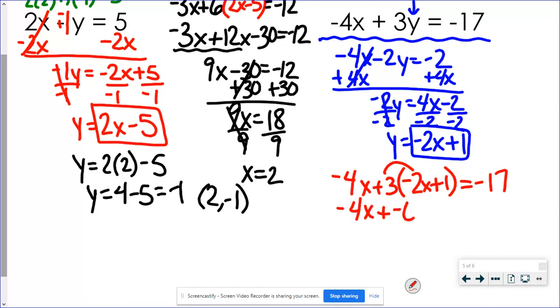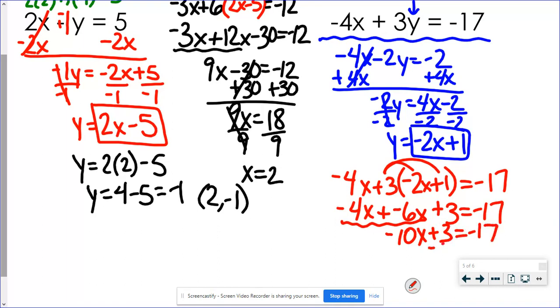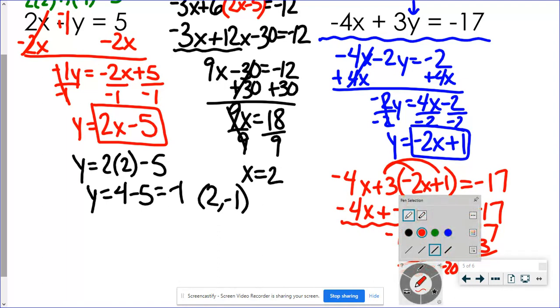I've got a -6x here and a +3. And when I combine those, that's going to be -10x. And then we'll get rid of the 3. I have -10x equals -20. Oh, one moment, please. I just messed that up. Sorry about that.